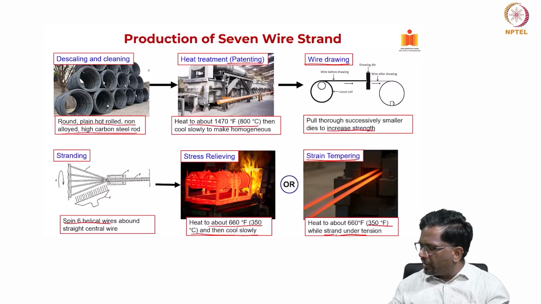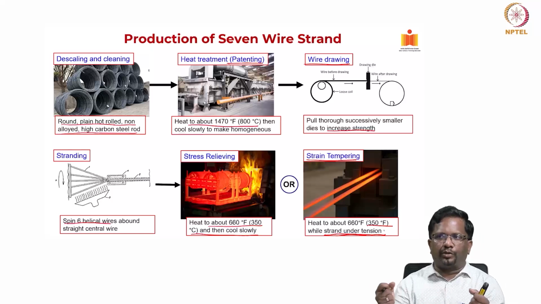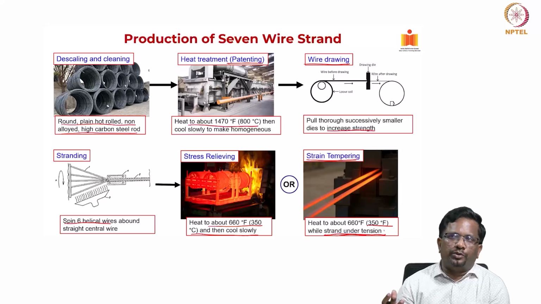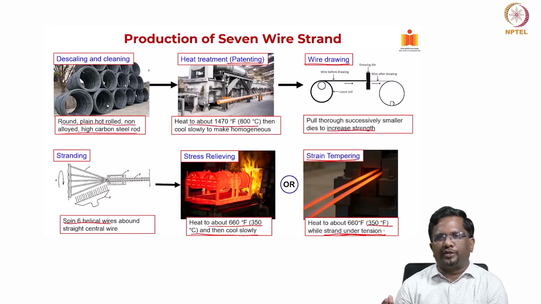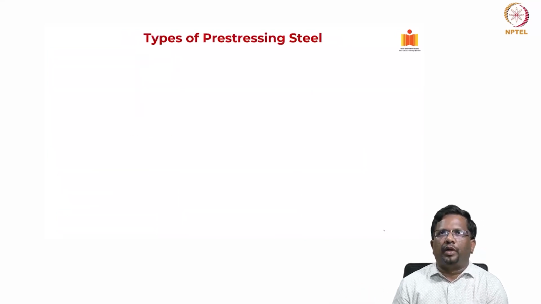So, while you do the heating process, if you apply some nominal tension, that process is called strain tempering. Again, you get better mechanical properties, and you also tend to have low relaxation, which we talked about in the previous module. What is relaxation? Again, you get a superior product.